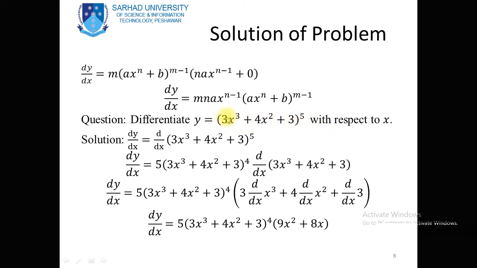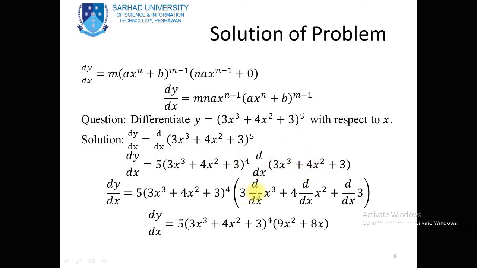Now we want to take the derivative of this expression with respect to x using the above rule. First, use the power rule for the whole power, multiply this power with the coefficient and subtract 1 from the power, and take the further derivative of the base with respect to x. Now we use the power rule for the base of the expression.